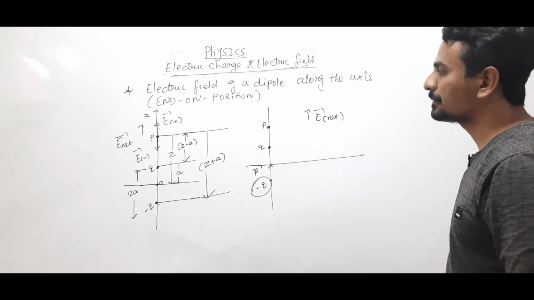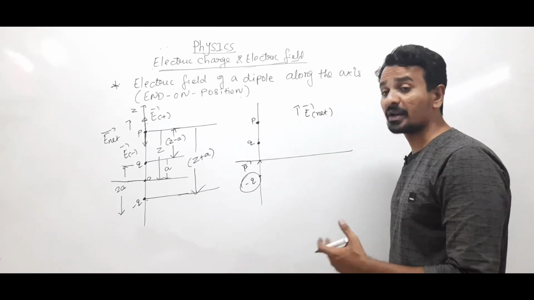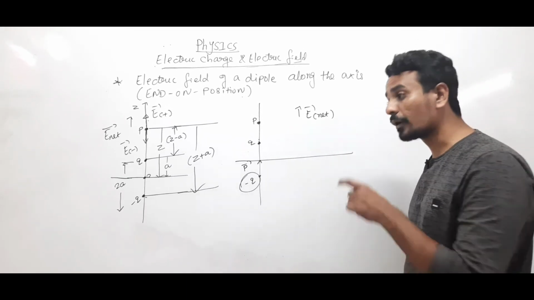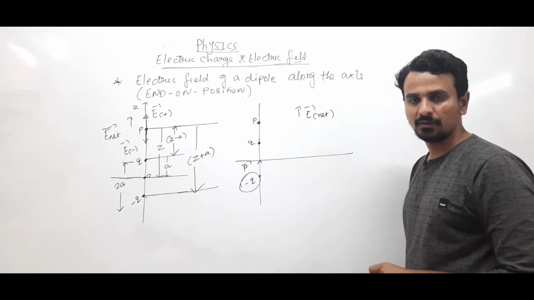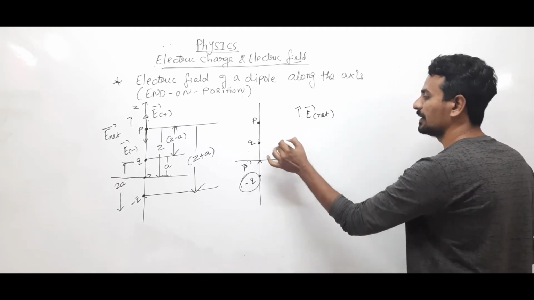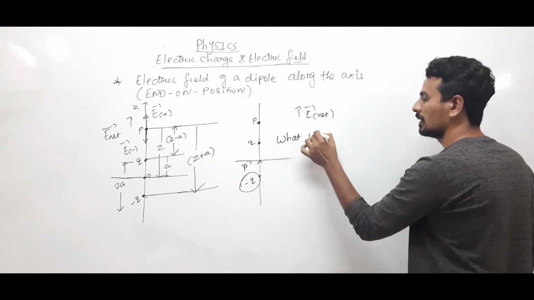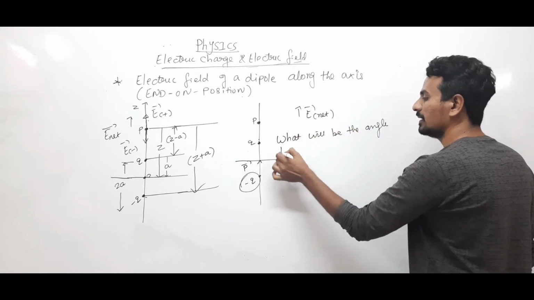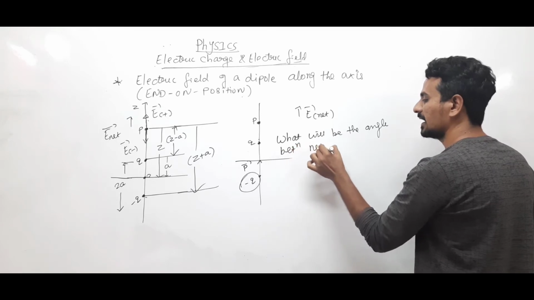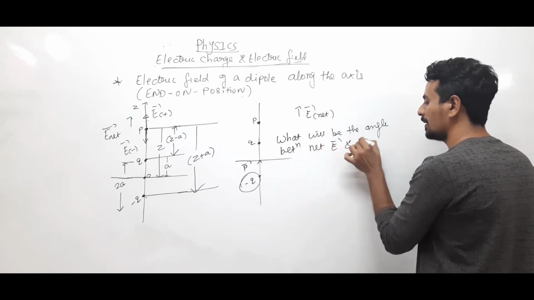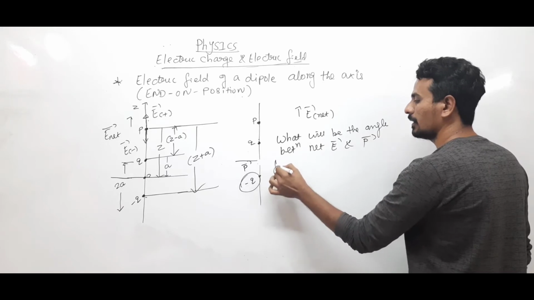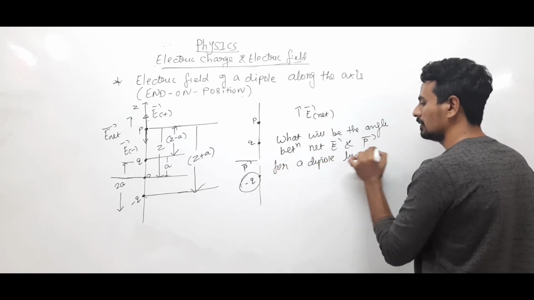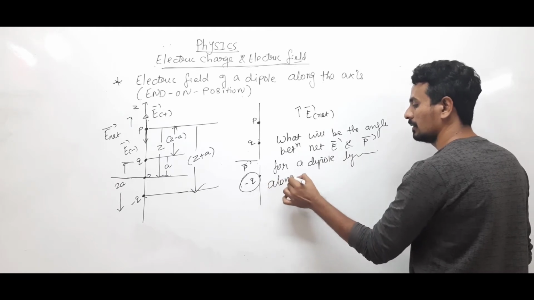From this you can have one MCQ: what is the angle between the net electric field and the dipole moment for a dipole lying along the axis?